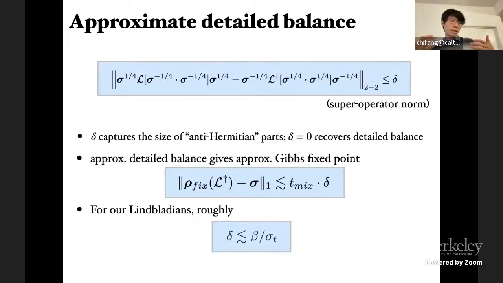And then once you evolve for some time, this error could accumulate, but as long as your algorithm converges quickly, it gives you the right answer. Okay. And then we can calculate this delta parameter. And for Lindbladians, this is roughly beta over the resolution or the cost of time. So in other words, to make approximate detailed balance nearly 0, you have to pay to have a long evolution time.